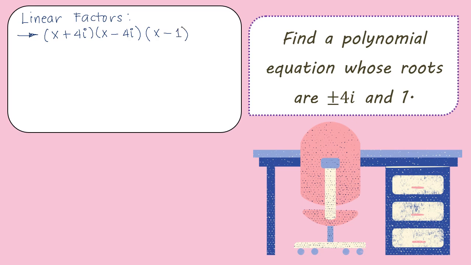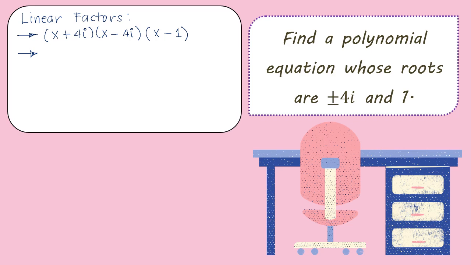Okay, so same process as I told you a while ago. For us to find the polynomial of these given roots, particularly if we have complex roots, we need to get the linear factors, and right after that we need to multiply first those complex factors that we have.